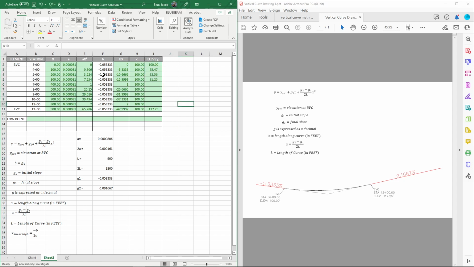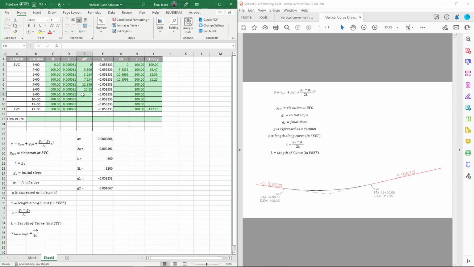Doesn't look like that worked, so I can't do the cheat. I'll have to continue inputting these cell values manually, so I'll do that here. Equals a times x. This is equal to a times x.